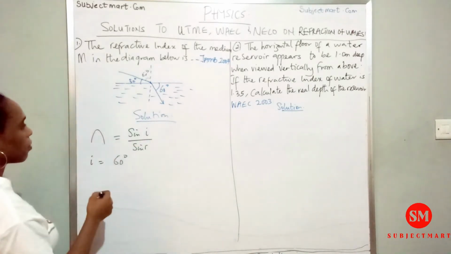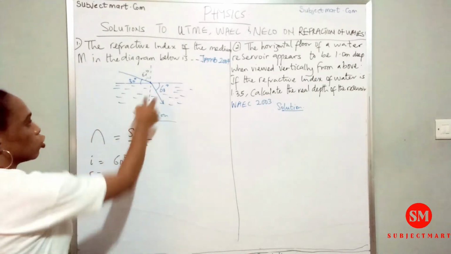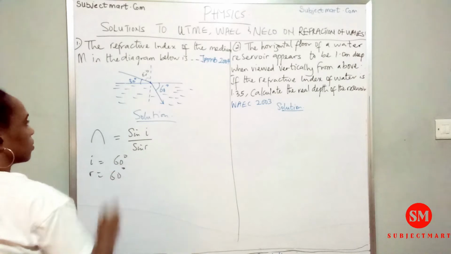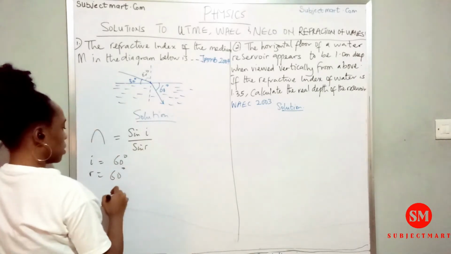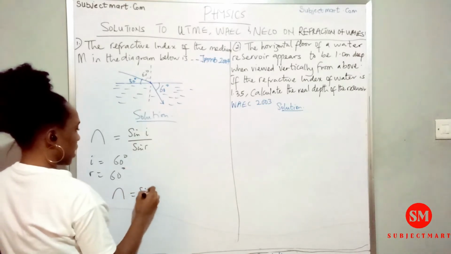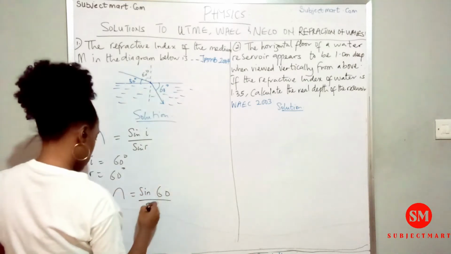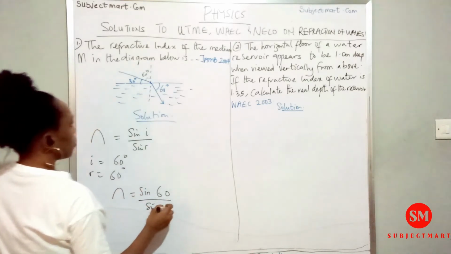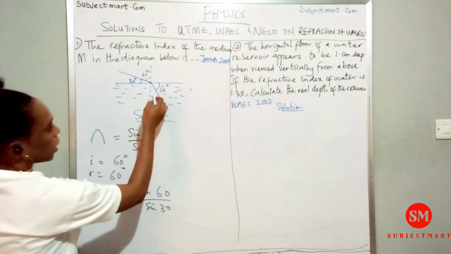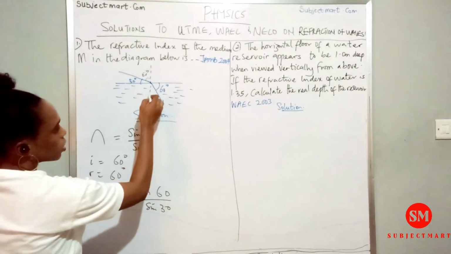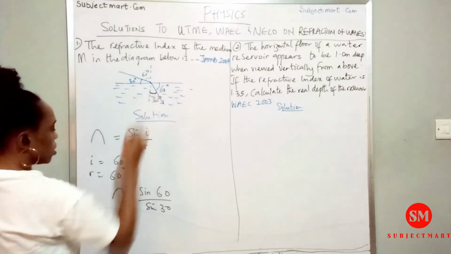And here we have the refracted ray. Sorry, the refracted ray is the angle between the normal and this ray, which is equal to 30 degrees. So we put this into our formula, which is sine 60 over sine 30.